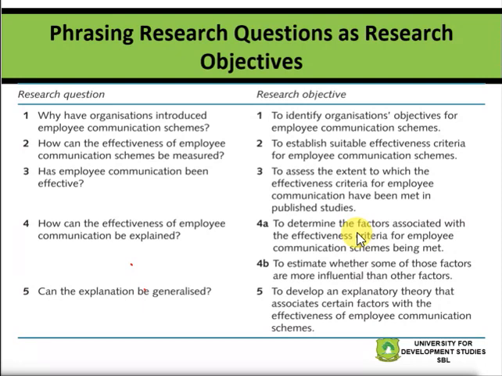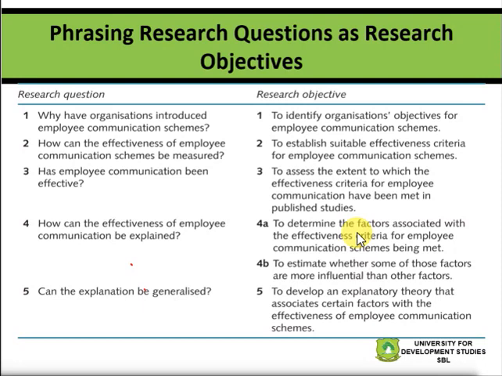So, for instance, if we have the first research question going as, why have organizations introduced employee communication schemes? Then the possible research objective may be to identify organizations' objectives for employee communication schemes. Then the second one, the question is, how can the effectiveness of employee communication schemes be measured?